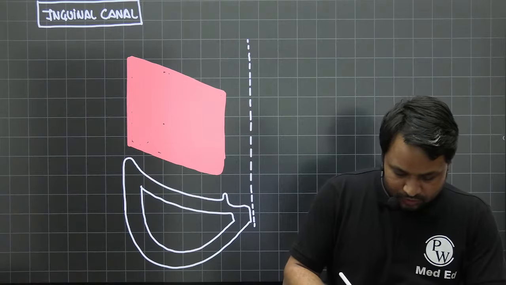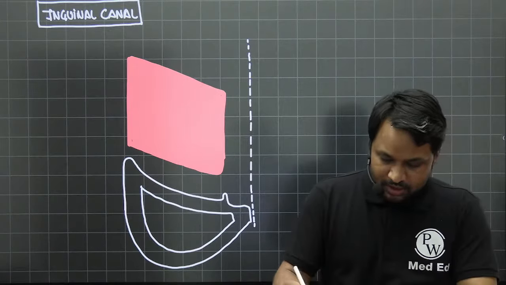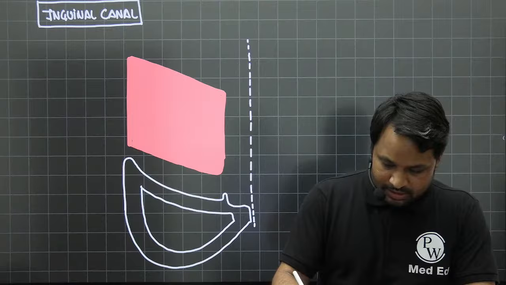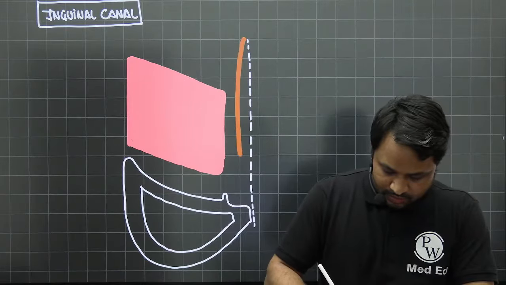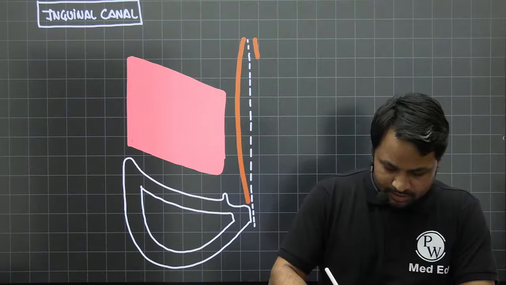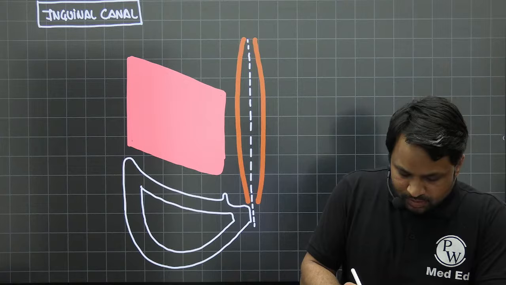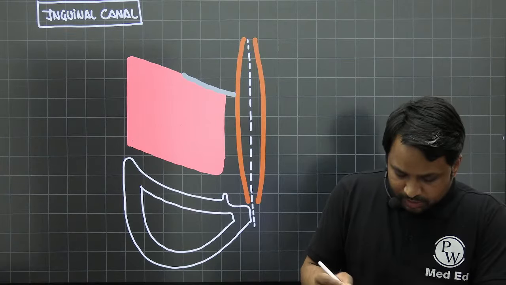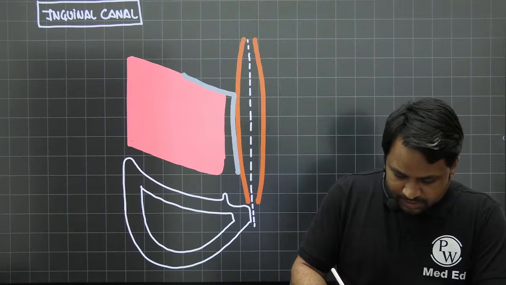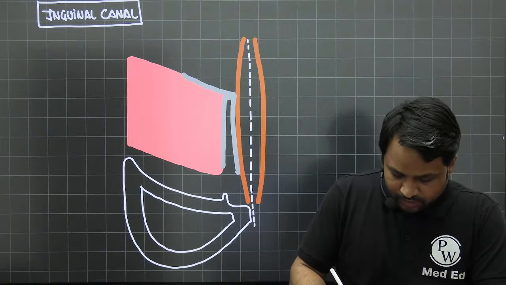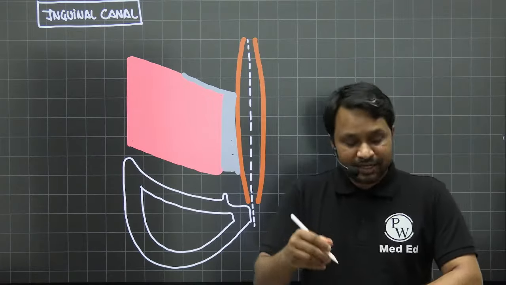Let's say this is the rectus abdominis muscle, just for the sake of understanding. So it forms an aponeurotic tissue and then merges with the rectus abdominis muscle. Now all this aponeurotic tissue which is formed is going to merge with the rectus abdominis muscle, but inferiorly what is going to happen?